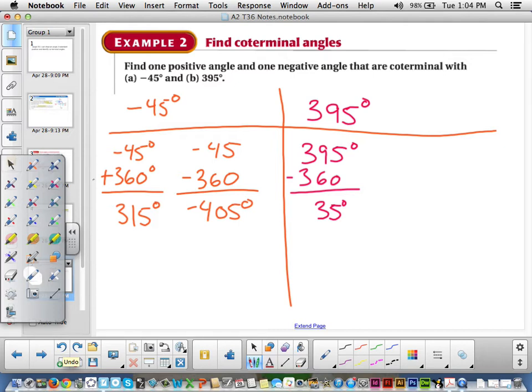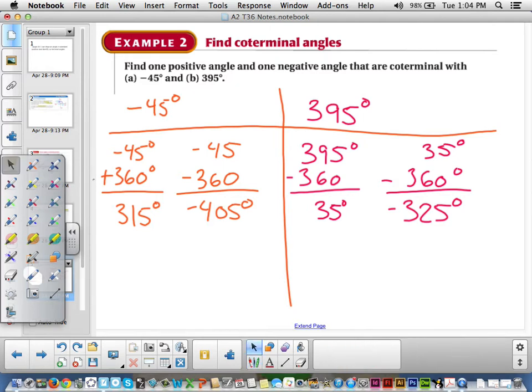And we'll get our next one by subtracting 360 again. And we've got negative 325 degrees. So those are two coterminal angles with 395 degrees.